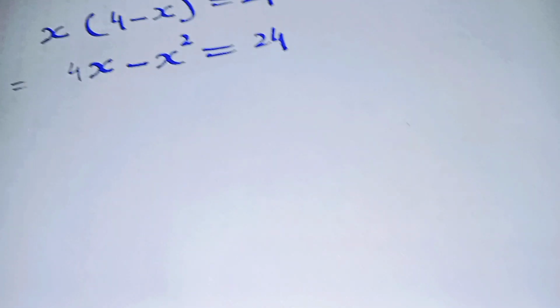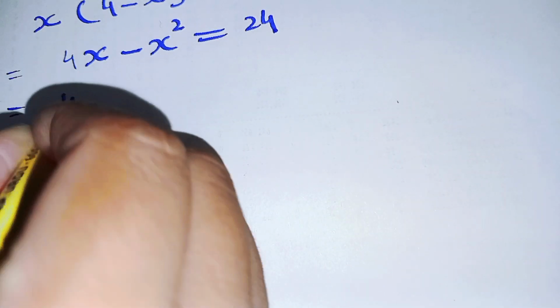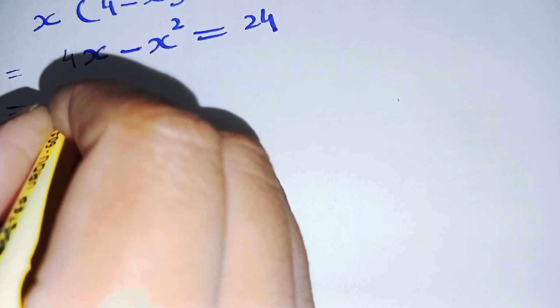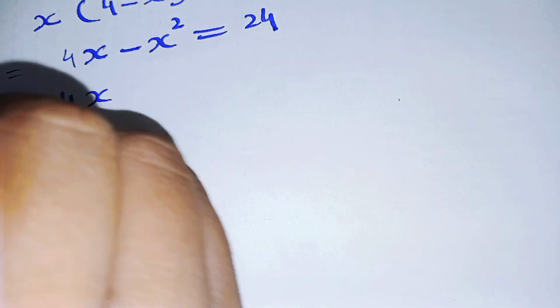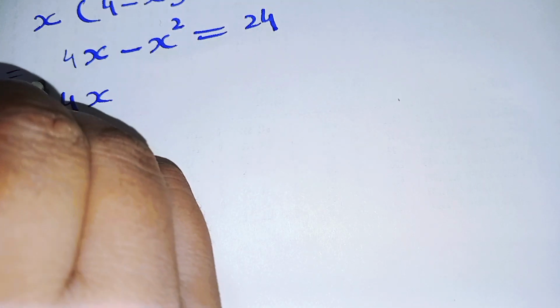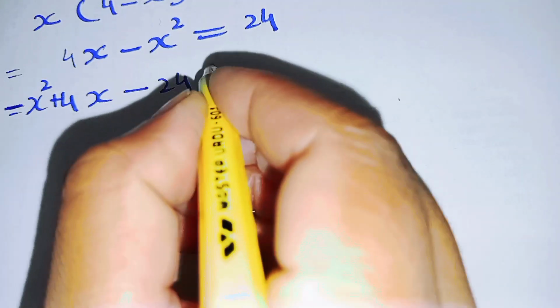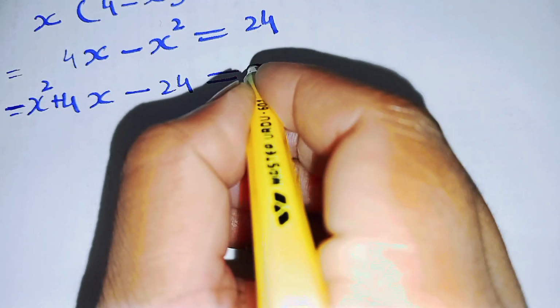Now we have minus x square plus 4x minus 24 is equal to 0.